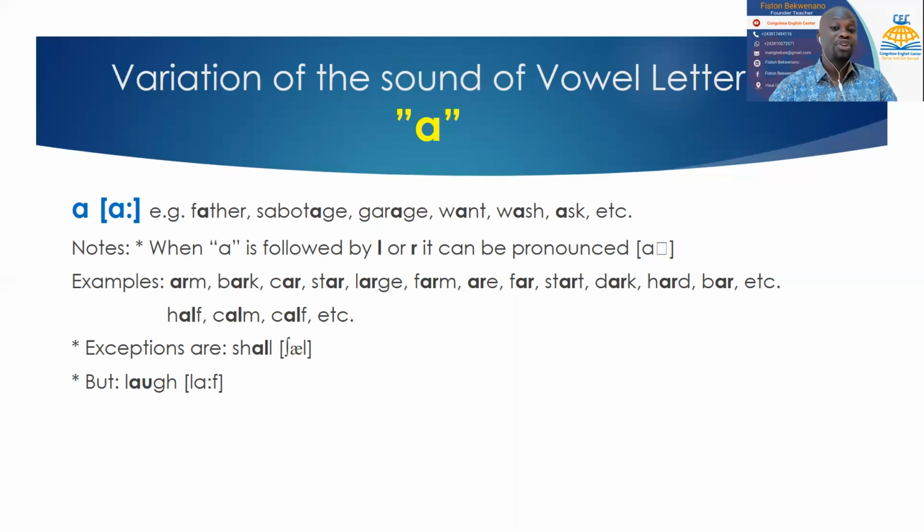It's the first case where we found a being pronounced a, and though a is followed by l, you don't pronounce it like that, but you pronounce it like shall. And for laugh, sorry, a followed by u, it gives the pronunciation of a.